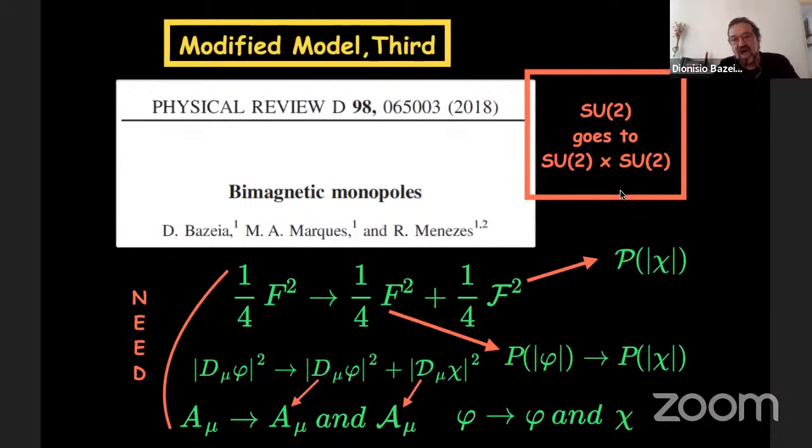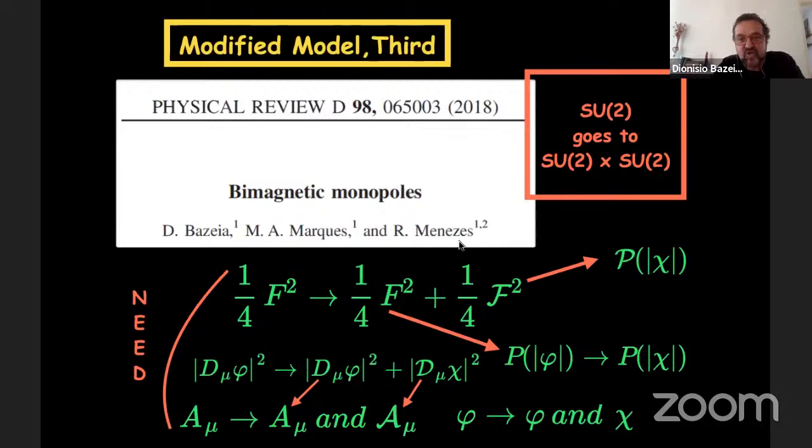So we added the interaction between the two sectors, adding the calligraphic P to the second sector and P to the first sector, but we changed it. Instead of writing P of phi, the field phi, we include the P of the field chi.